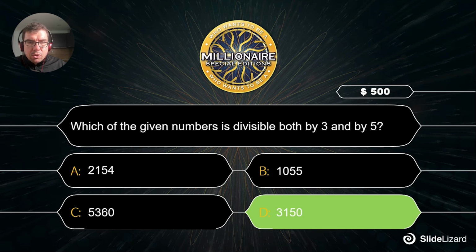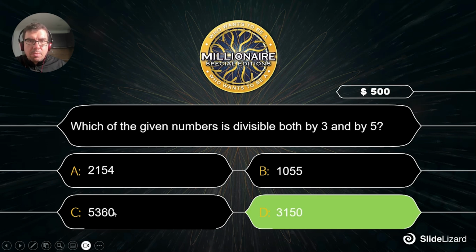And if you remember, that happens when the sum of the digits adds up to a number that is divisible by 3. So if I sum up the digits of, let's say, the second one, I get 1 plus 0 plus 5 plus 5, which is 11. And 11 is not a number divisible by 3. Therefore, we exclude B as an option. If I do this with the number C, I get 5 plus 3 is 8 plus 6 is 14 plus 0 is 14.